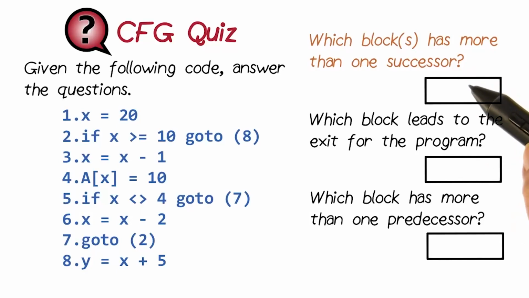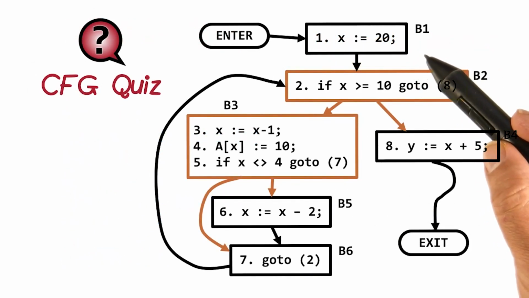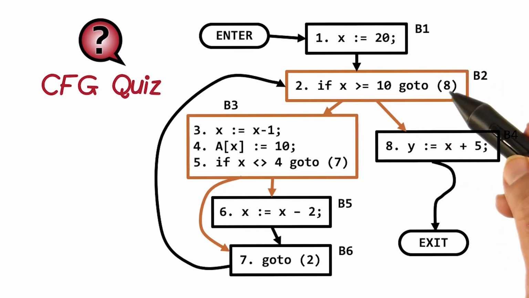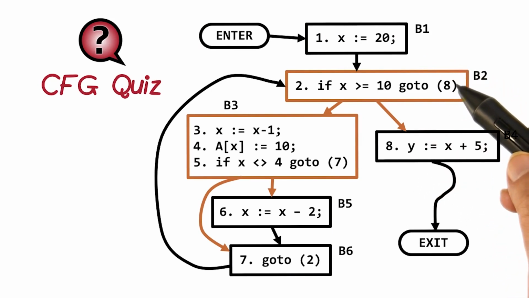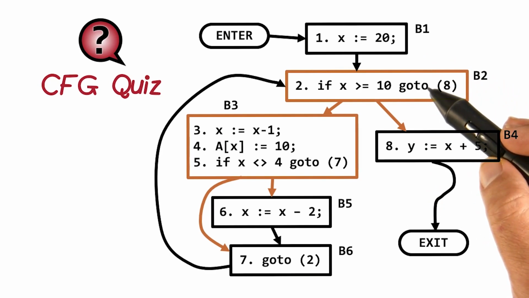So let us look at the first question. Which blocks have more than one successor? Well, let's take a look at the CFG for this, the control flow graph, and hope that this is the CFG that you got. If you look at the CFG, you can see that we are interested in finding out those blocks which have more than one successor.